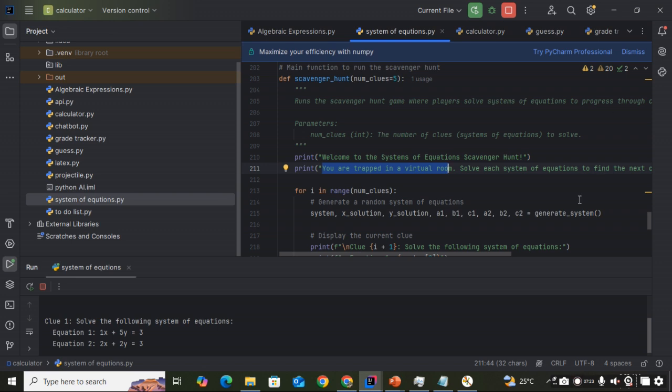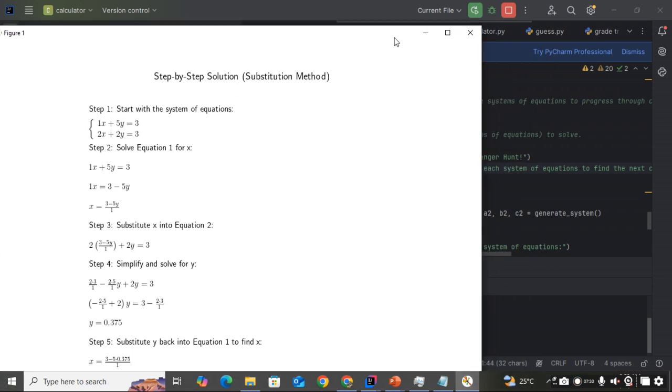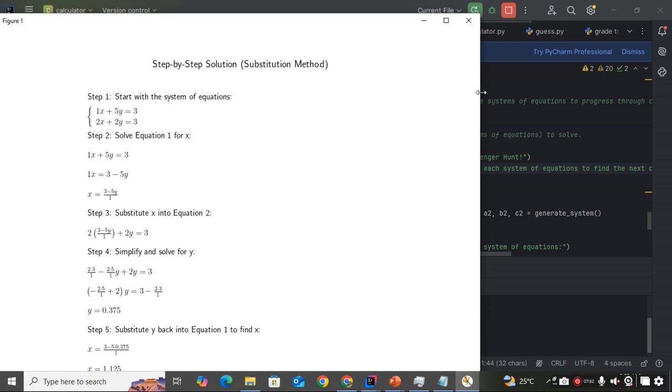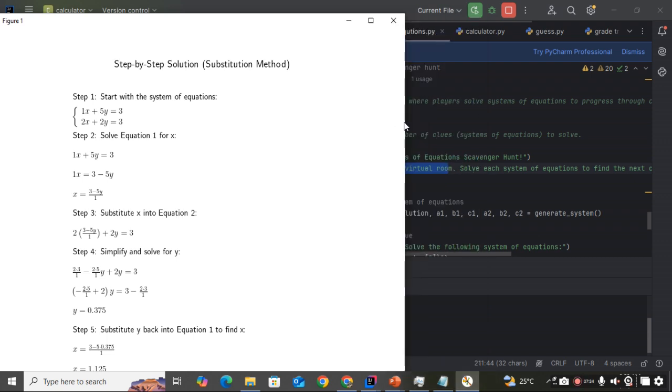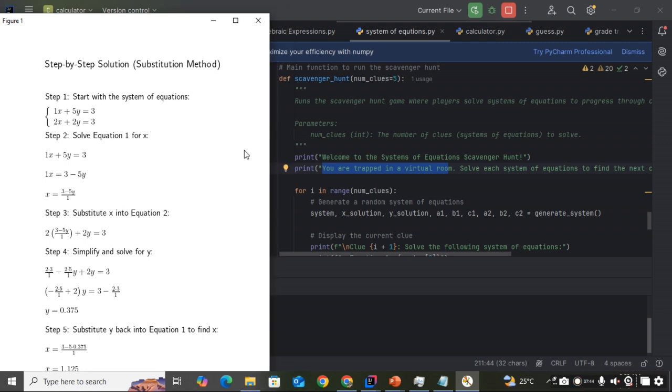So if we run everything, it will generate this step-by-step solution, beautifully written in LaTeX, and as you can see, everything here is human readable, and the equations are written in a well organized manner. But all we need to do now is to follow the steps.